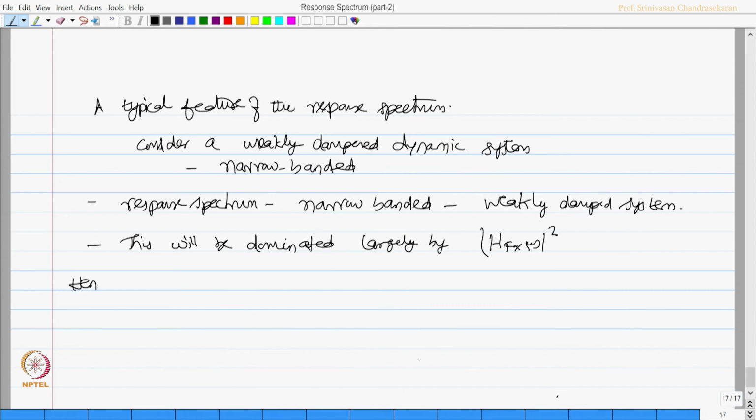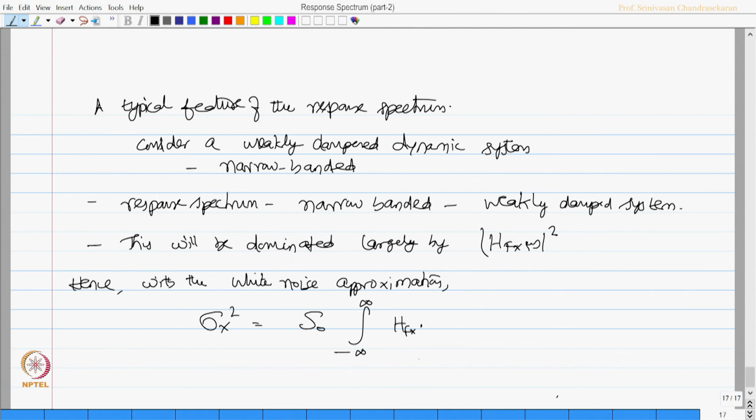Hence, with the white noise approximation, sigma x square is S0 times the integral from minus to plus infinity of |hfx omega| squared d omega, which is equation 22.